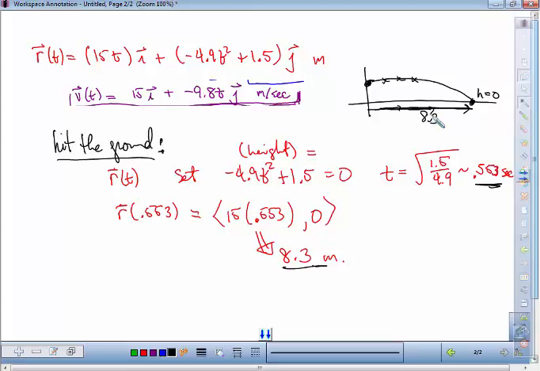Now, how fast was it going? To answer the next question: what is the speed at impact? How do we determine speed?